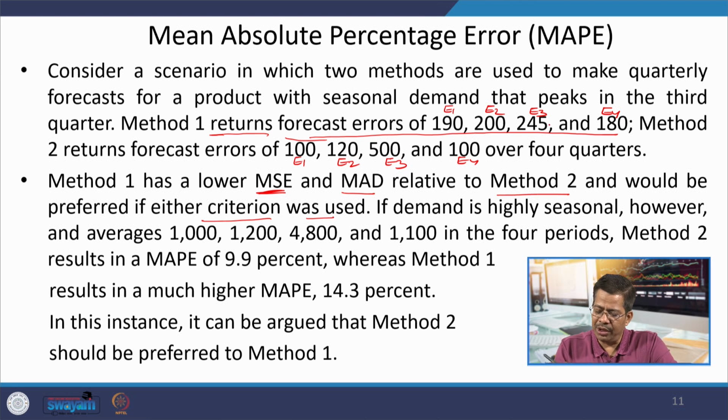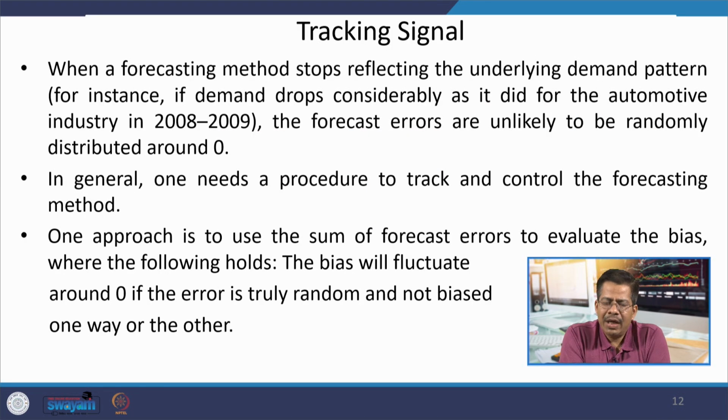Now, you can calculate, in fact, it is required to calculate MSE and MAD for these data, and then based on this data you can see which method should be used for this particular scenario when you have the data for individual periods.